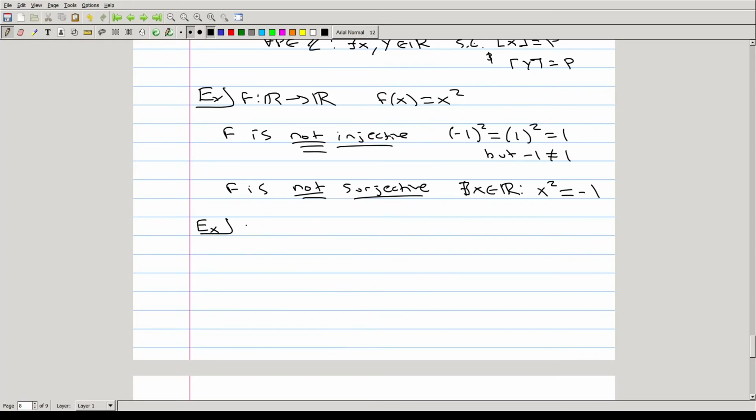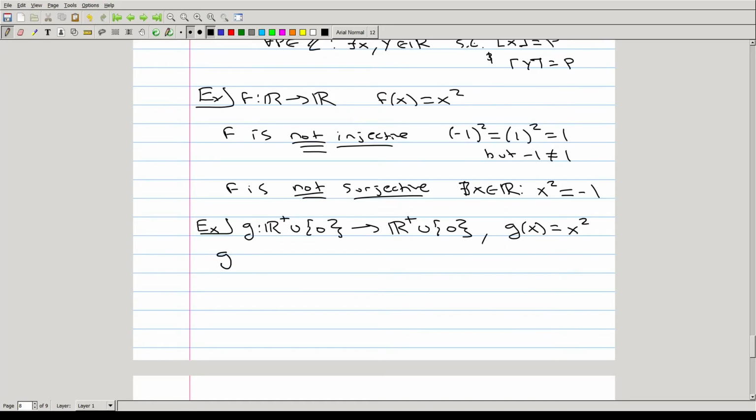However, if we restrict our codomain and our domain to be the set of all positive real numbers and 0, to the set of all positive real numbers or 0, and we keep the definition of f as f of x is equal to, and maybe I'll use a different letter to not confuse the notes with the previous example, g of x is equal to x squared.